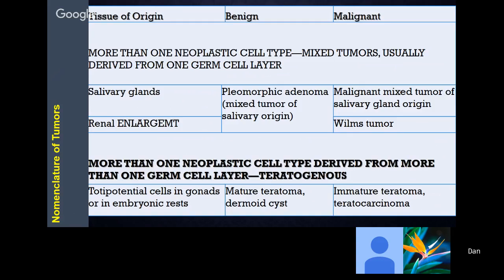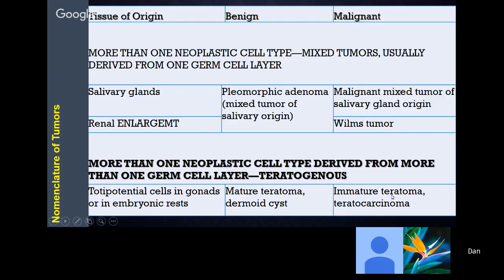The other name, especially for the ovary, you can call it dermoid cyst. And this is actually a type of tumor. As you know, there are all the layers of the embryology in it. And this is why you're going to see a mixture of tissue within it, like the teeth, the hair, the skin, cartilage, etc. When you hear immature teratoma, this is a very aggressive type of malignancy.